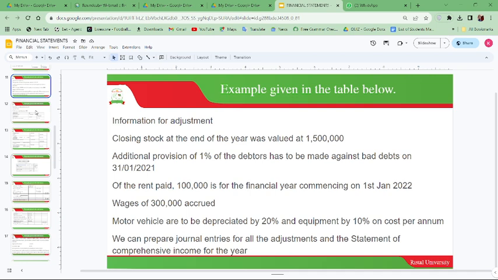Depreciation is the reduction in value of an asset with the passage of time, or it can be due to particular wear and tear. So for example, the fixed assets, they can always depreciate.